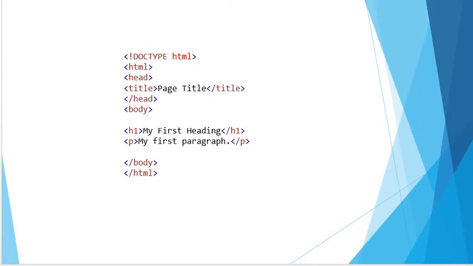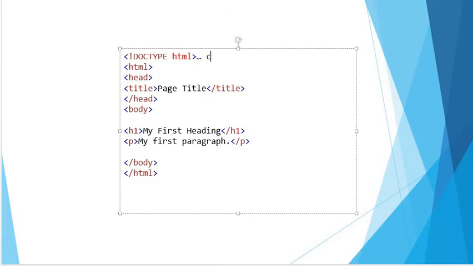What is this? This is nothing but the sign we use here: angular brackets, and this is called a tag. The tag will tell the browser what to do, how to display, and so on. The less-than and greater-than signs are used for tag purposes, and the exclamation mark is used for comments.